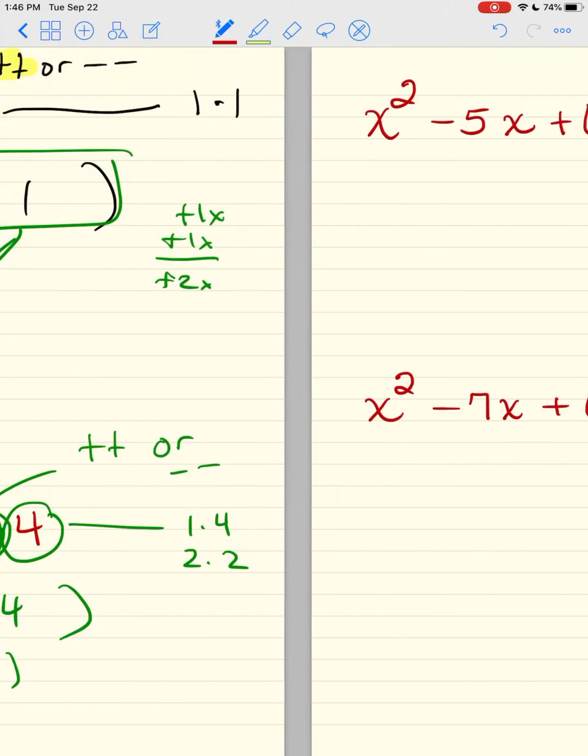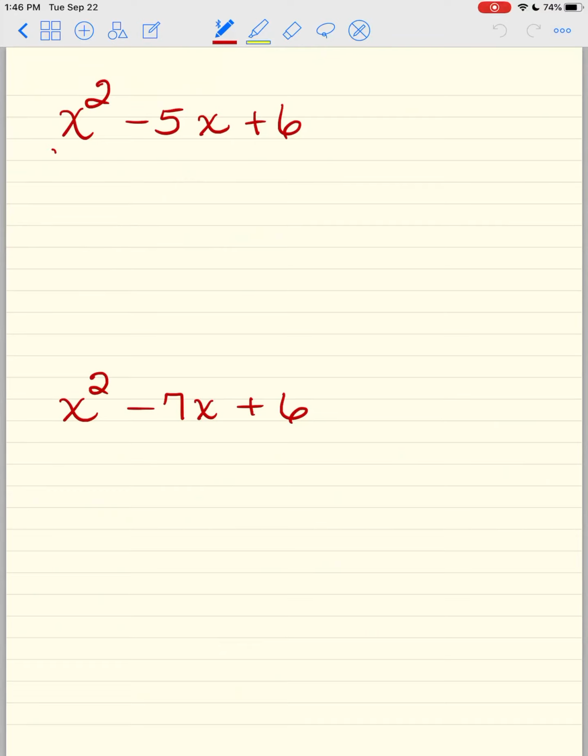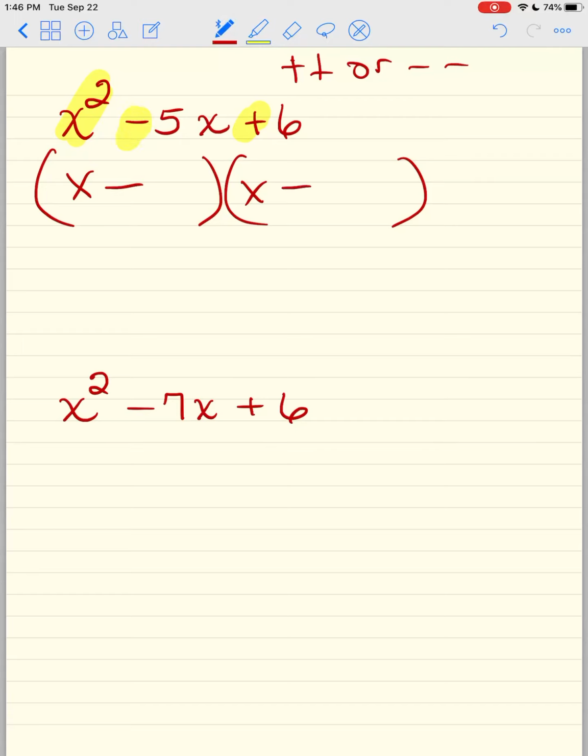Let's try another one. Now, I can't take out a number, I can't take out a letter. Who multiplies to x squared? X and x. The last sign is positive. What multiplies to a positive? Plus plus or minus minus. I'm going to choose the middle sign, so I'm going to choose minus minus.